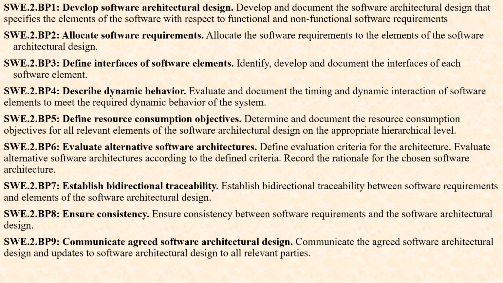Develop and document the software architectural design that specifies elements of the software with respect to functional and non-functional software requirements. So you have to identify both the functional requirements and the non-functional requirements, and then allocate them to the correct element.